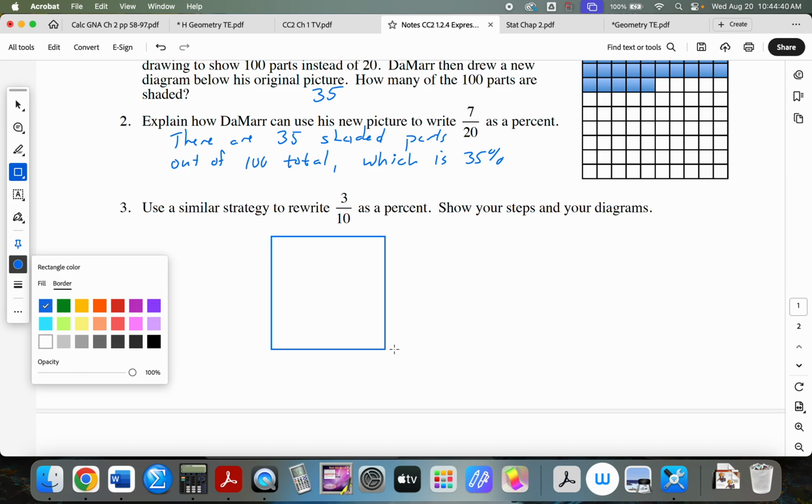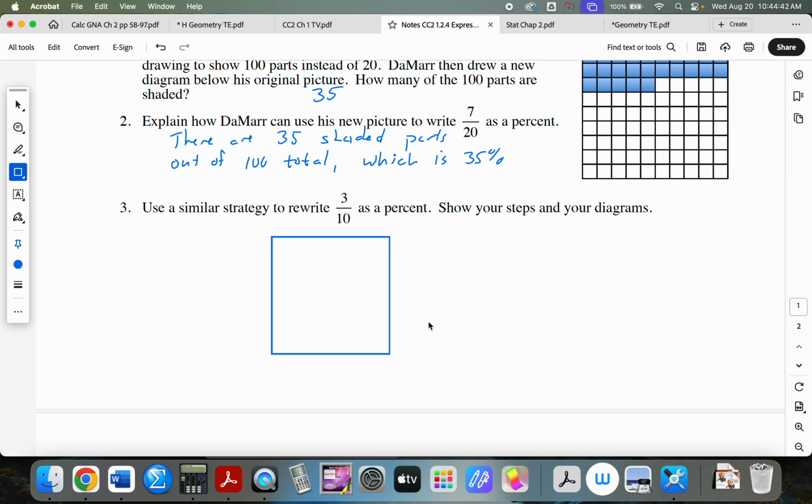I'm cheating and using my tool over here to do those. Do the best you can. If you ever want to use a ruler for something in this class because you like things to be very neat, there will always be rulers right up there on that table. You don't even have to ask, just get up and go grab one, okay?